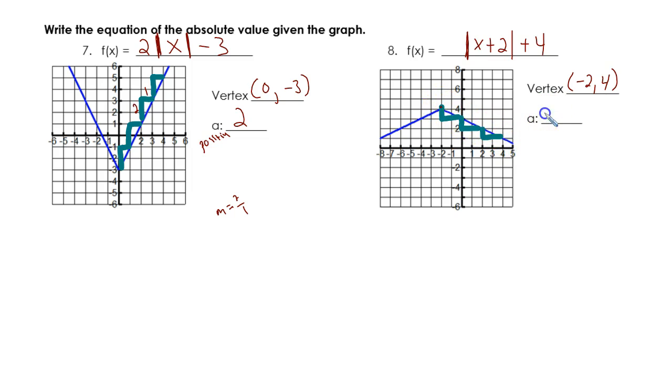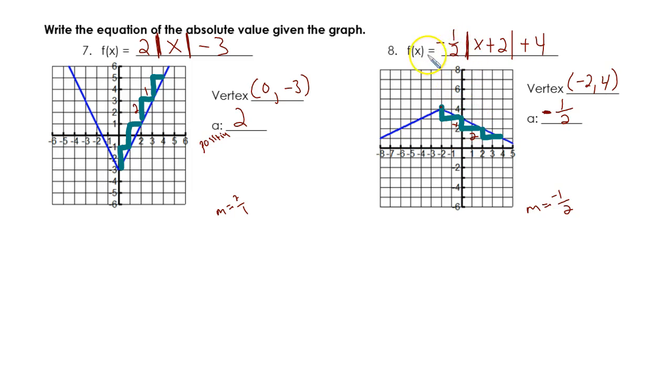Now, notice that the right side of our vertex is going downhill. That means that our a is going to be negative, and we find the slope by just counting down and to the right, by finding the slope of that right side of the vertex. Down 1, right 2 is a slope of negative 1 over 2, which is why a is going to be a shrink of 1/2, and the negative is the reflection that causes it to go down.